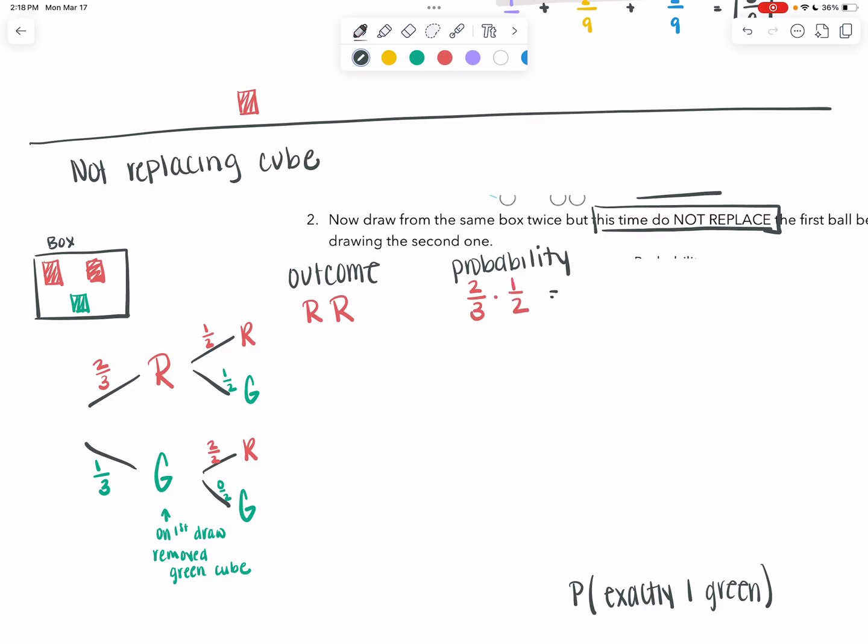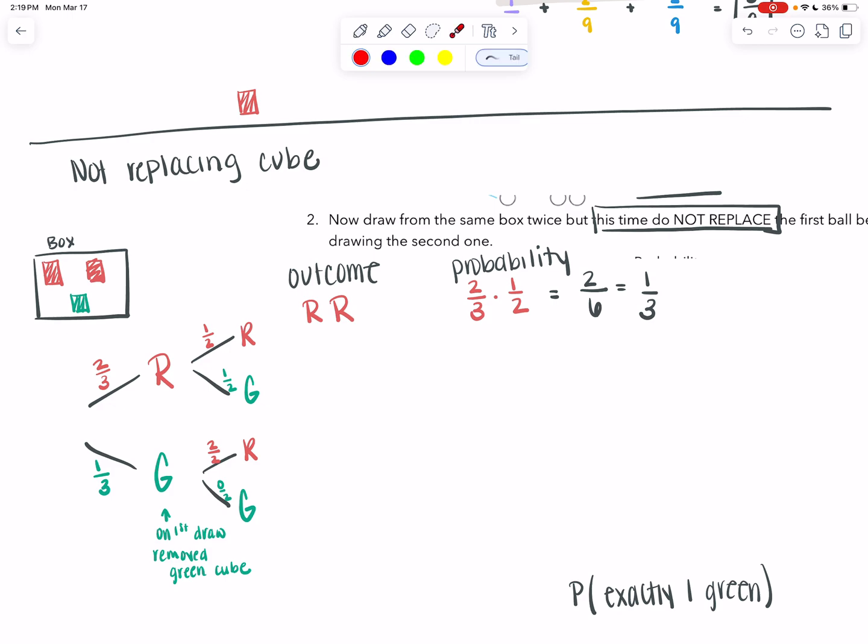And think back to your 5th grade days. Multiply straight across the top. 2 times 1 gives me 2. Straight across the bottom. 2 times 3 gives me 6. And then I do want to reduce that down to 1/3.